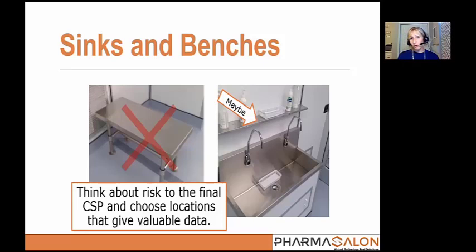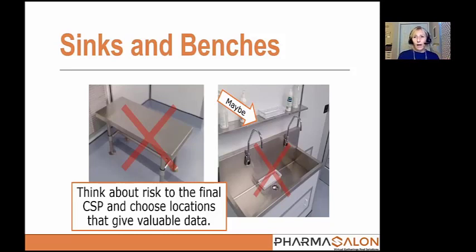have a different place. So if you take a look at this image, I have the shelf above as a maybe. Does something get dropped on there? Is that a place where somebody will put pens or papers or something that's going to go into the buffer room? Maybe we're going to sample there. But please, as I mentioned before, huge contamination risk: please don't sample inside the sink. I guarantee you are going to have a ton of microorganisms, even with cleaning the sink daily, and we're going to have those gram-negative bugs.